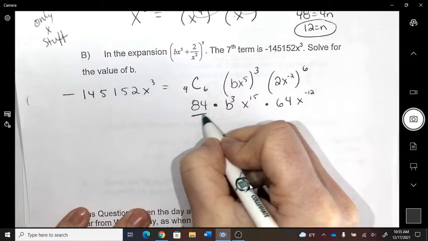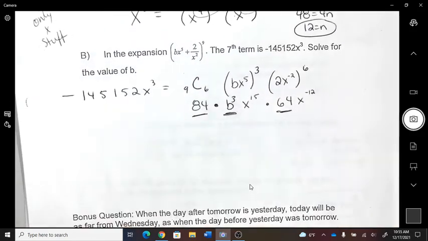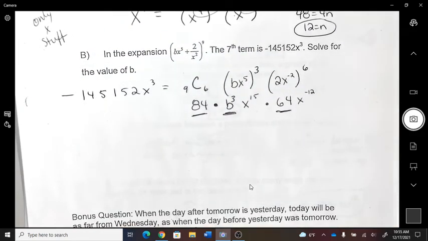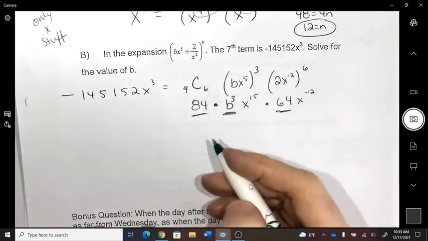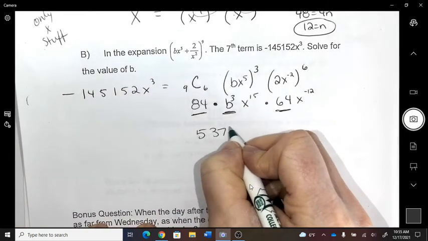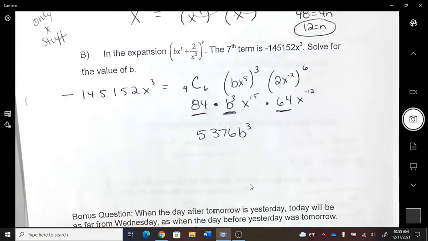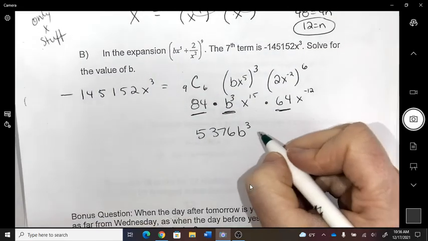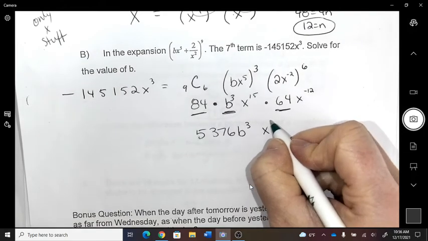Okay, I'm going to put those 3 coefficients together. So that is going to be 5376 b cubed x cubed.